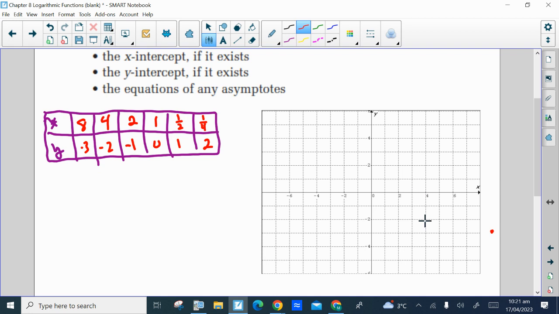The next points are (4, -2), (2, -1), (1, 0), (1/2, 1), and (1/4, 2). Again, the y-axis is our asymptote.